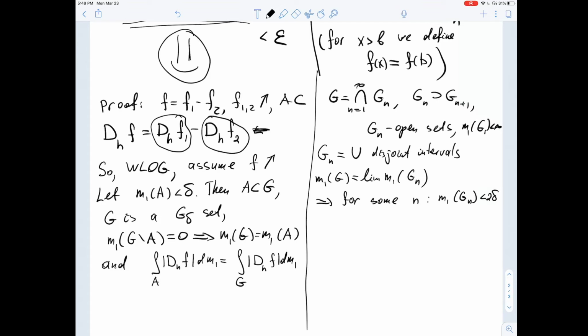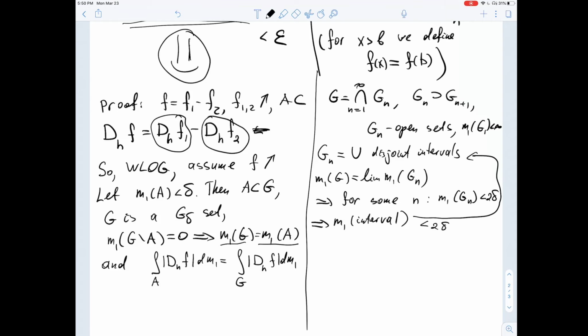The measure of G is equal to the measure of A, which is less than delta, so the measure of Gn will eventually be less than 2 delta. And this means that the measure of any interval that participates in Gn is also less than 2 delta.